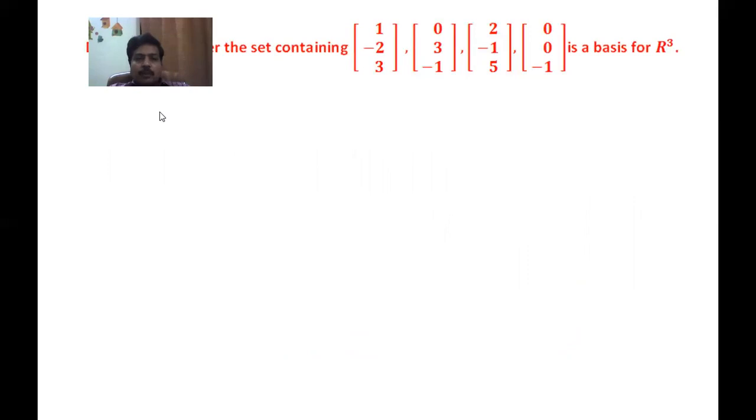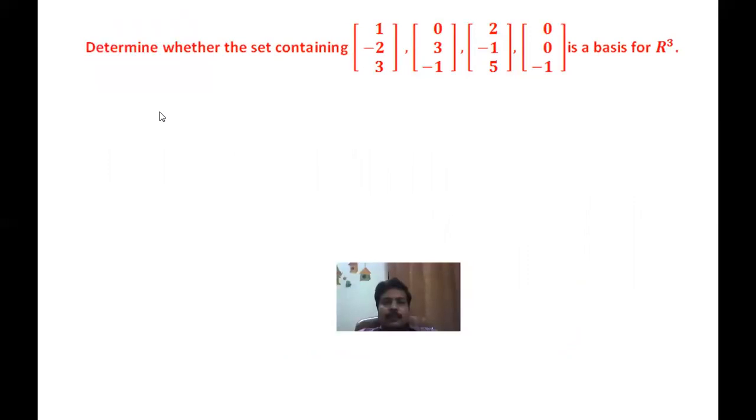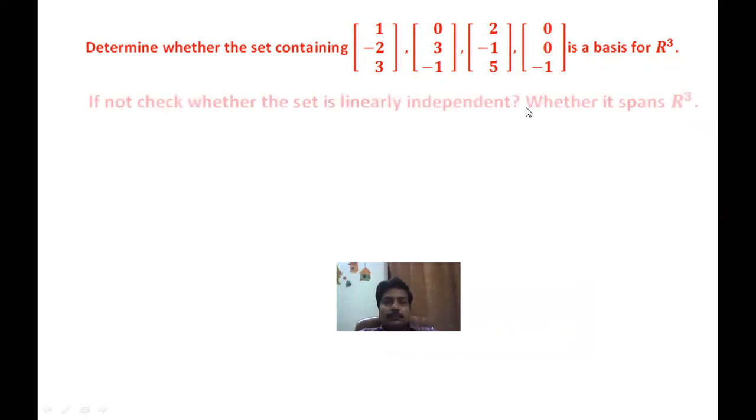Let us look into one more example. Here four vectors are given. Determine whether the set containing (1, -2, 3), (0, 3, -1), (2, -1, 5), (0, 0, -1) is a basis for R3. If not, check whether the set is linearly independent and check whether it spans R3.